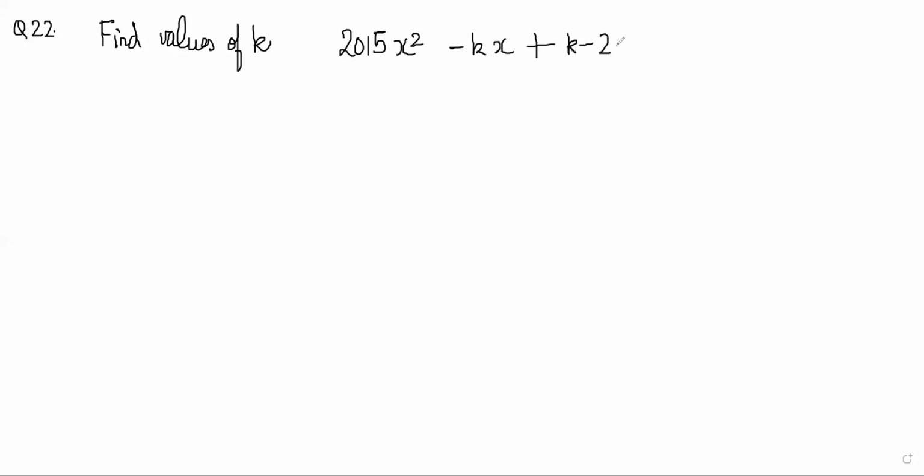Question 22 is basically: find the values of k such that the equation 2015x square minus kx plus k minus 2015 has one positive and one negative root.